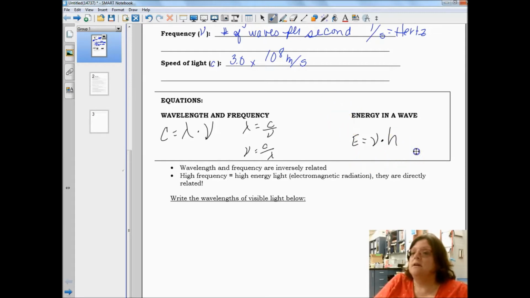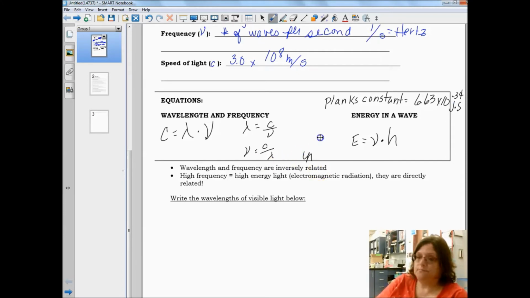Planck's constant is represented by the letter H. And it is 6.63 times 10 to the negative 34th joule seconds. Our units for energy are joules, which is represented by a J.